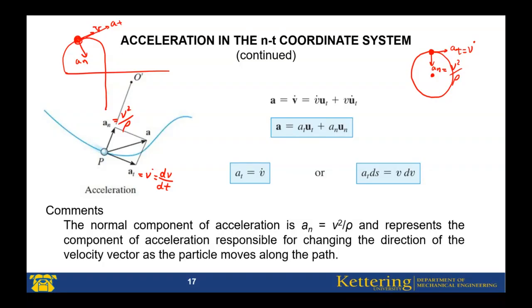One simple question. If I move along a kind of a straight path, okay? Move along a straight path. Do we have this acceleration? If you are just moving along a kind of straight path, do we have a normal acceleration?